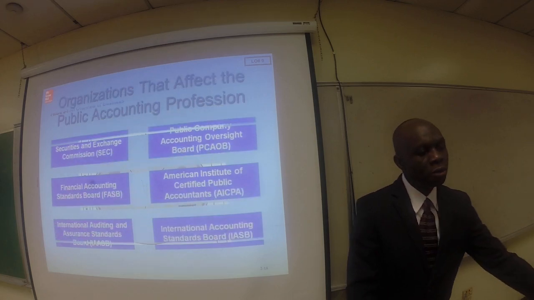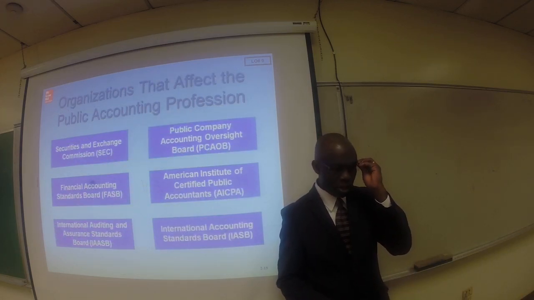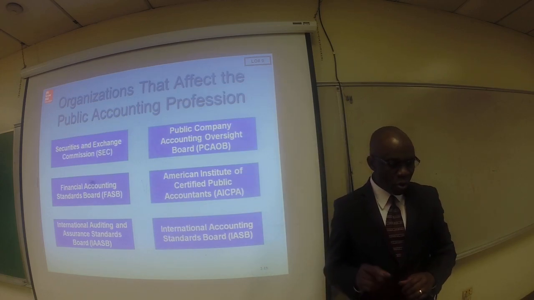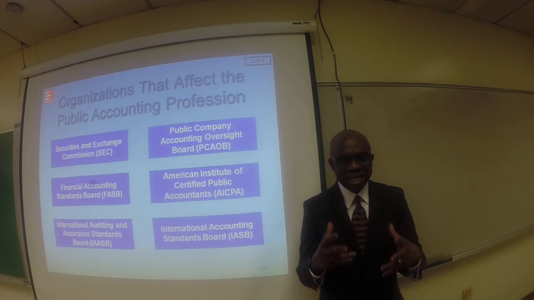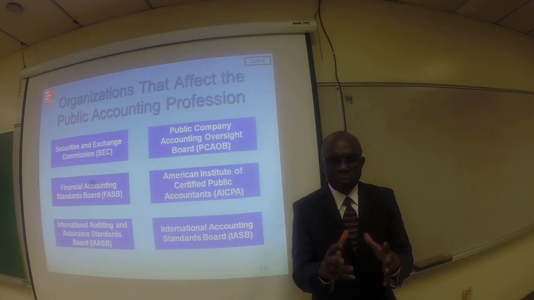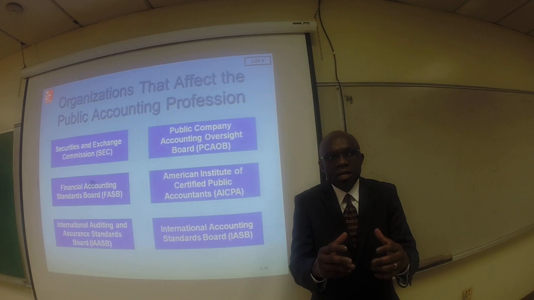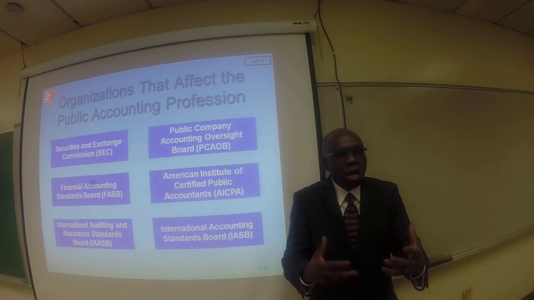So moving along, let's take a look at the organizations that affect the public accounting profession. Now, we have the Securities and Exchange Commission, SEC. That organization is very important because that is a federal government body that is responsible for policing the financial market.